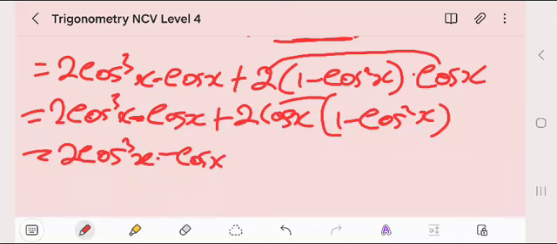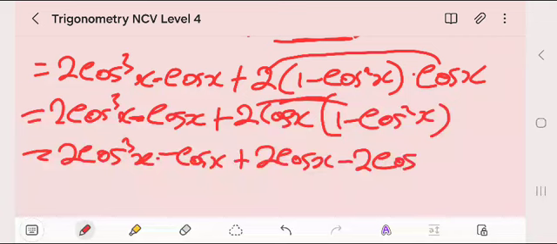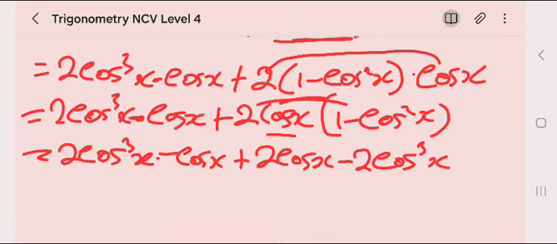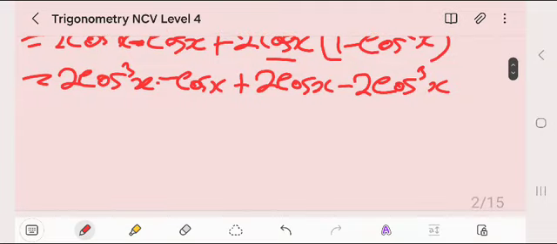Distribute that, we will have plus 2 cos x. Distribute that, will have minus 2 cos x, the exponent will be cubed. This and this cancel, this and that cancel immediately.